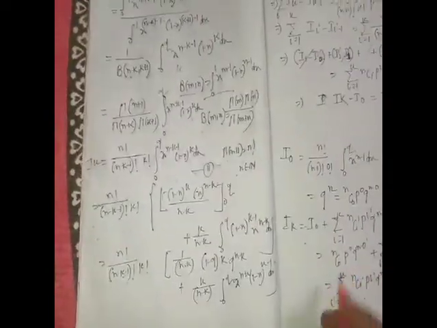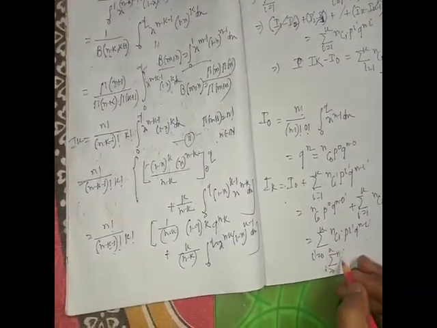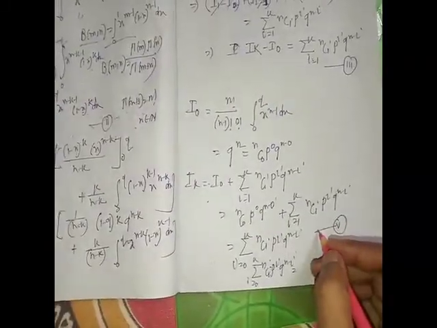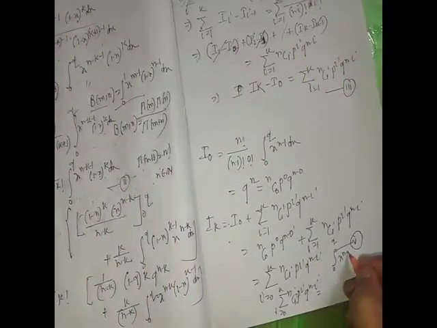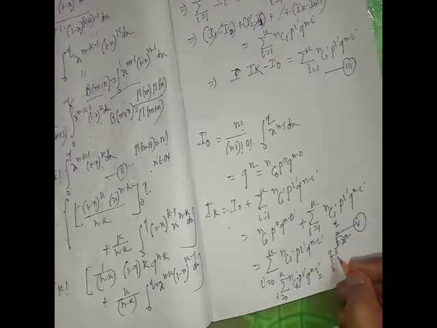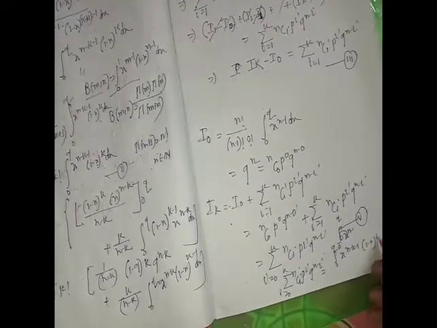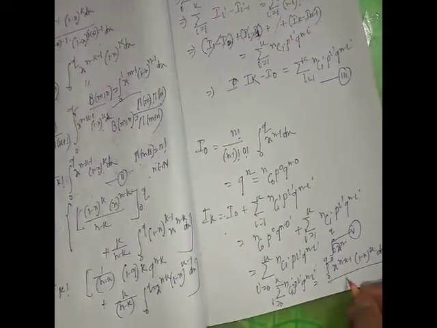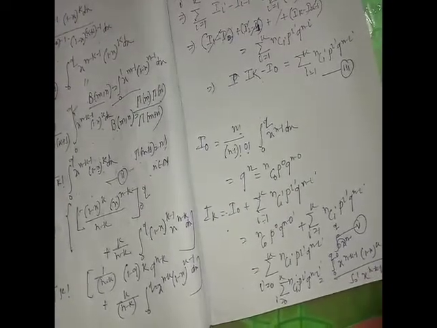So from 1 and 5 we get summation from i equal to 0 to k of nCi p to the power i, q to the power n minus i equals the integral from 0 to q of x^(n minus k minus 1) (1 minus x)^k dx by the integral from 0 to 1 of x^(n minus k minus 1) (1 minus x)^k dx.